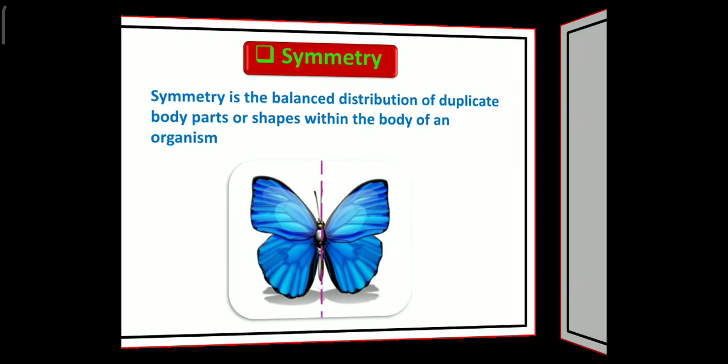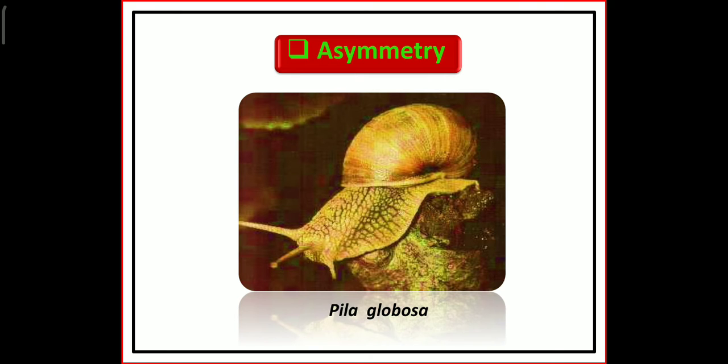Let's discuss these 5 types one by one. First, asymmetry. Asymmetry means when the body of an animal cannot be divided into equal halves along any plane passing through the middle or central point.